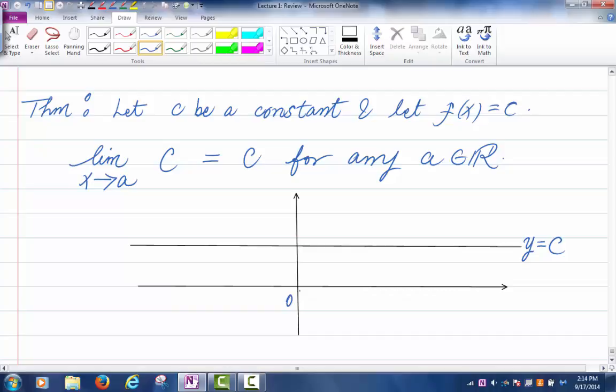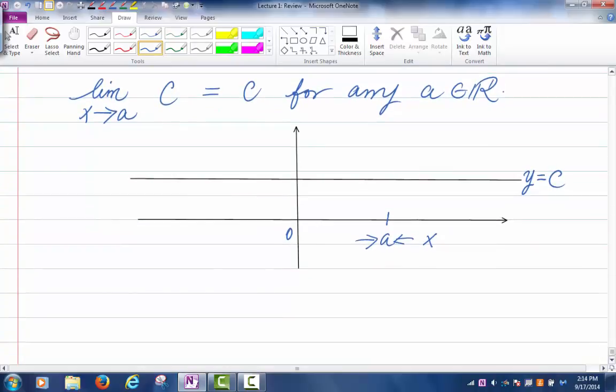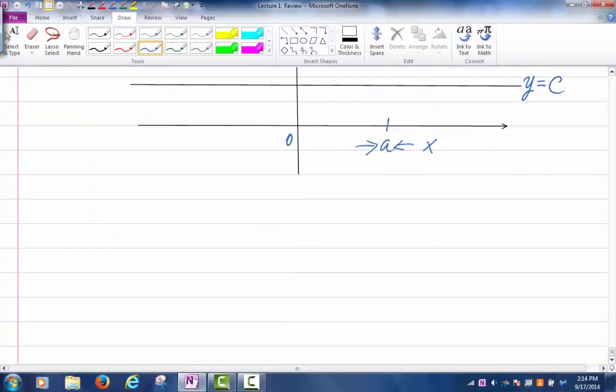And so if I take any real number a, what's the limit of the function as x approaches a? As x approaches a, the value of the function goes to c, while in fact the value is always c. So there is no surprise. So that's one rule that we're going to use.